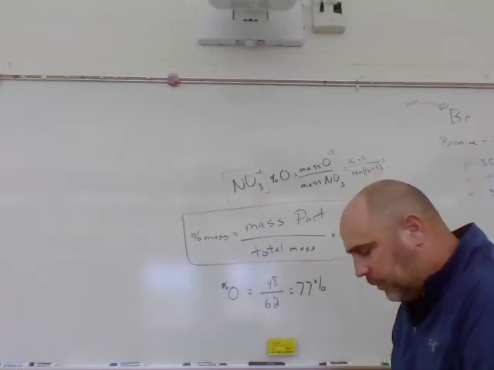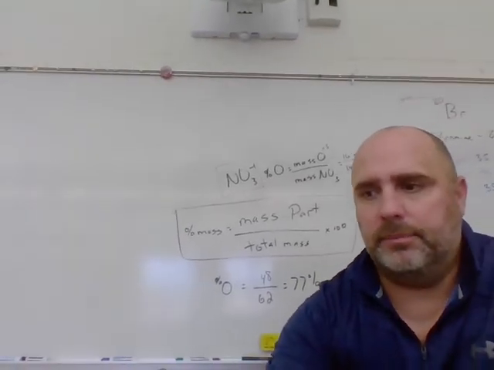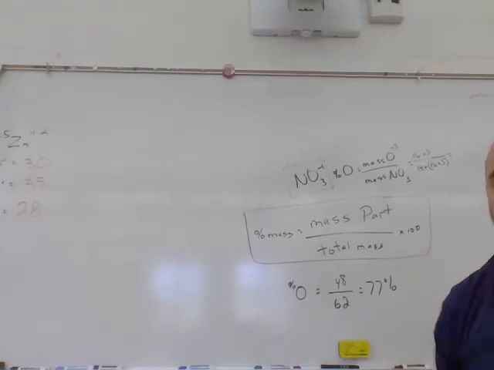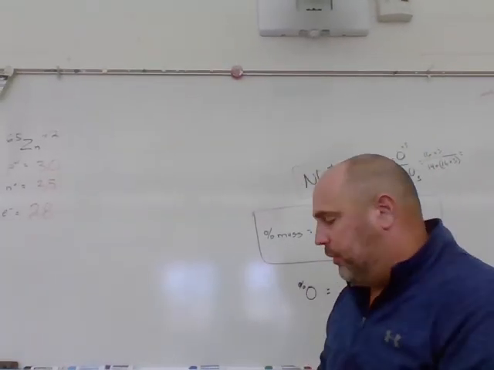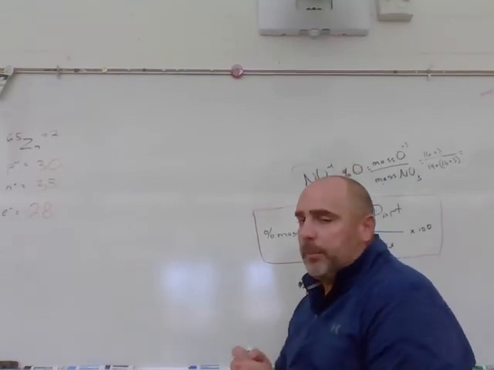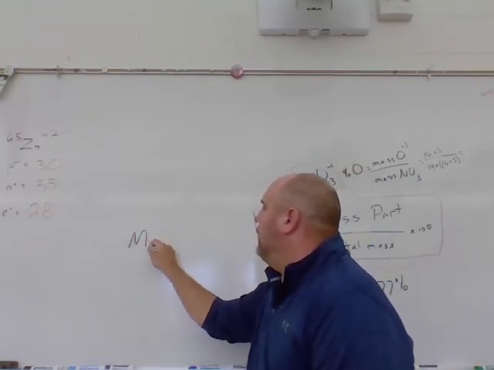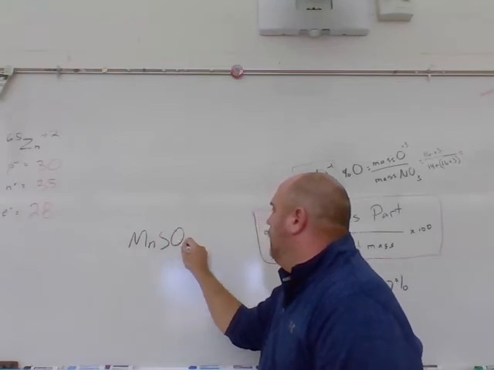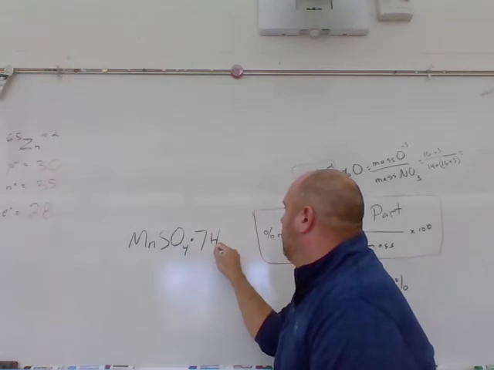Let me slide the camera over a little bit and do one more problem. This is what we're going to do in lab, maybe next time we see you. Sometimes we'll come across a chemical like manganese sulfate heptahydrate.